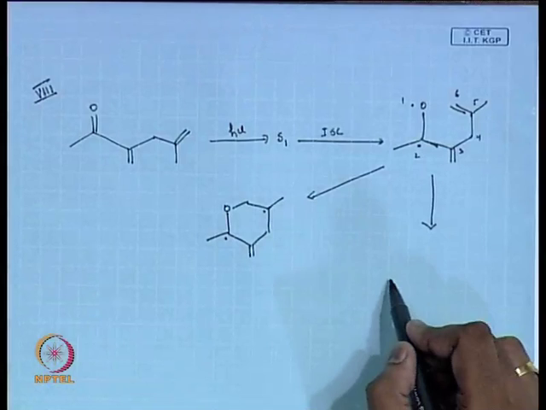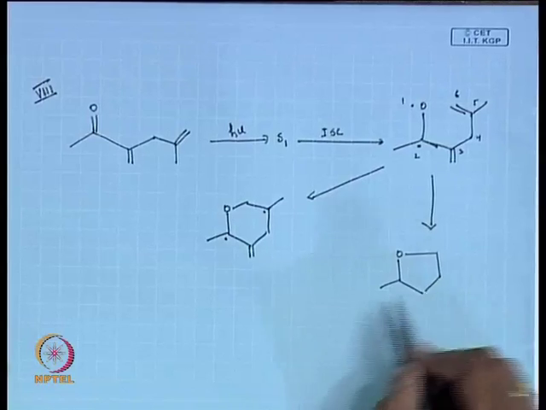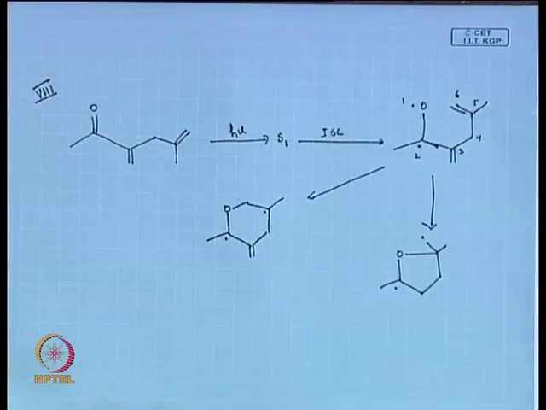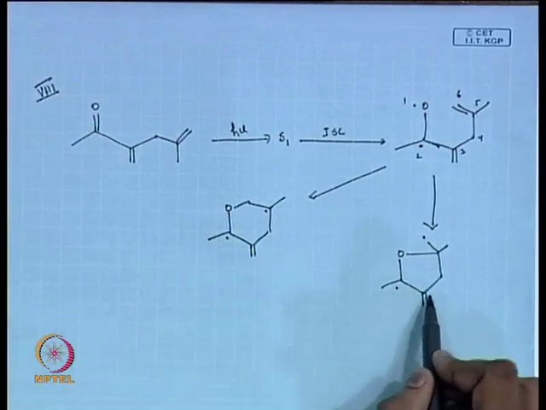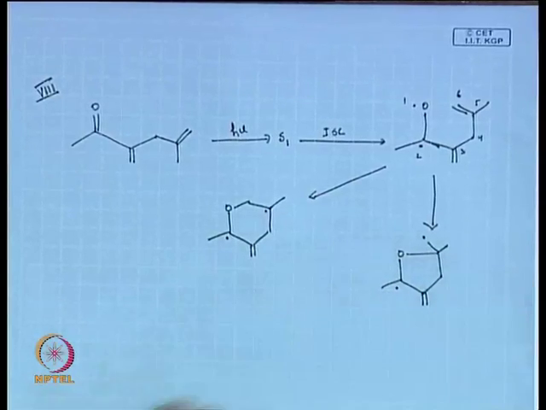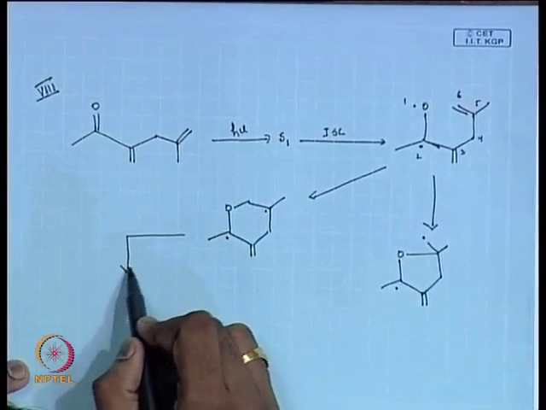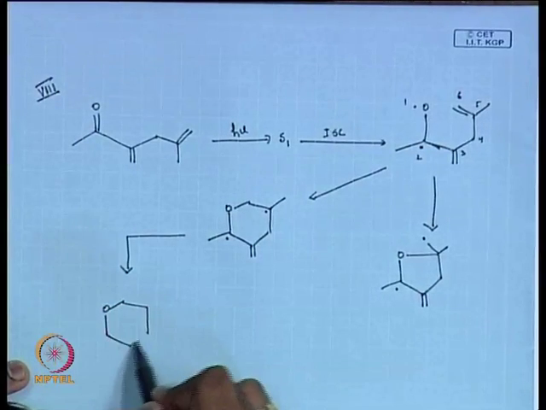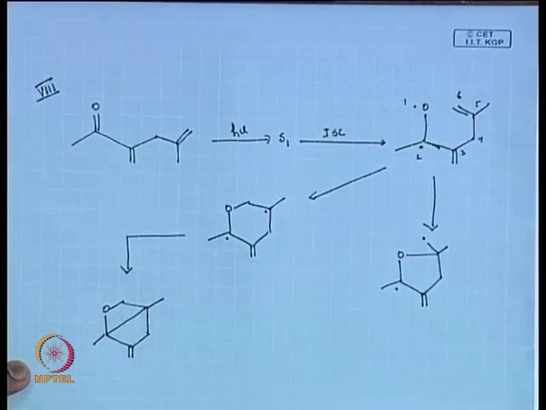Other way around, if I want to do, okay, 1, 2, 3, 4, 5, a 1, 5 diradical. So, I have a system where I have a 1, 4 diradical and a 1, 5 diradical. So, I get this product in this case.